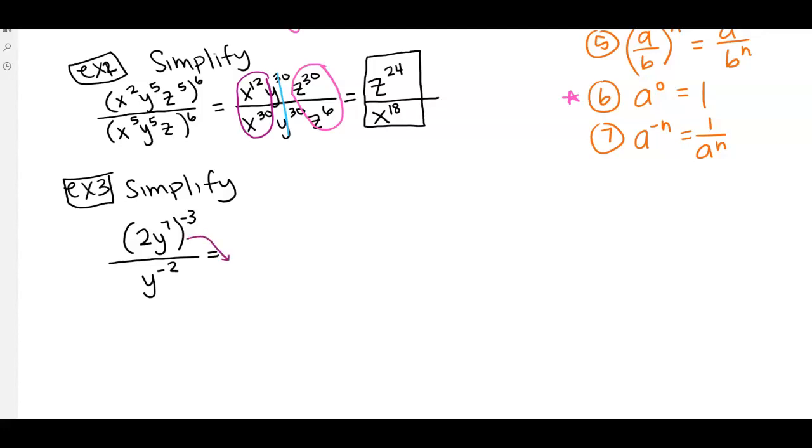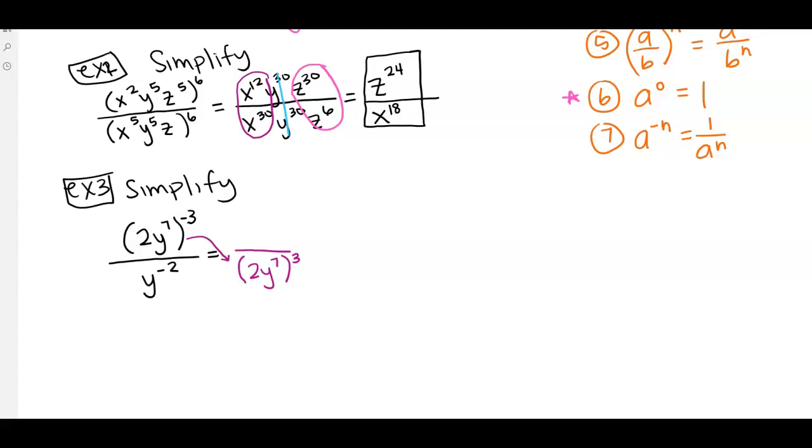Since it's a negative exponent, it's unhappy upstairs, so I'm going to flip it downstairs. The stuff inside stays the same, still 2y to the 7th, but now instead of being raised to a negative 3rd power, it's raised to a positive 3rd power.